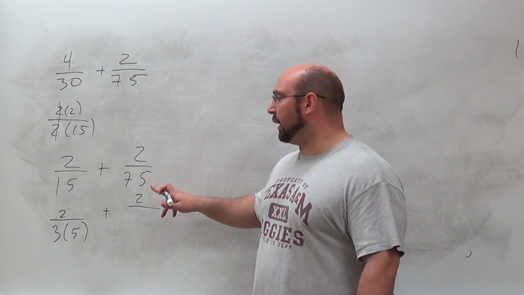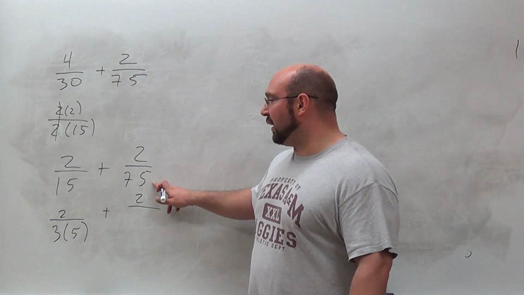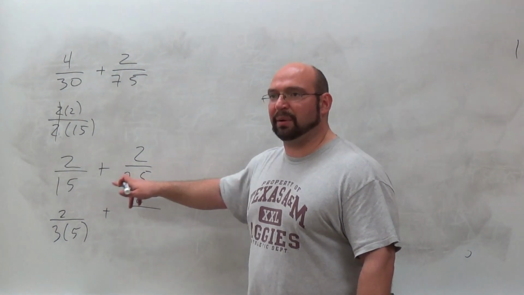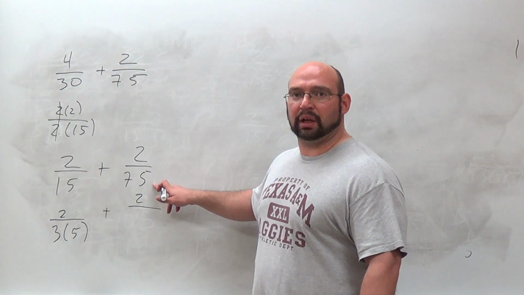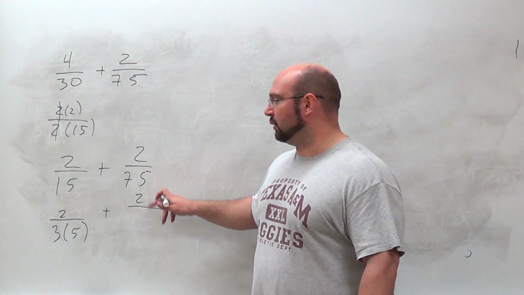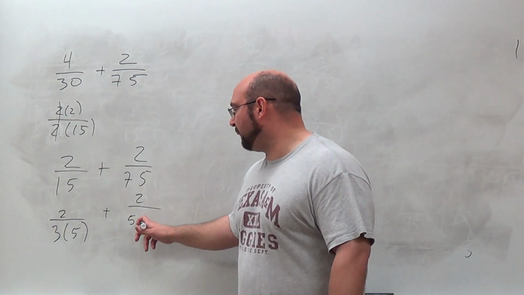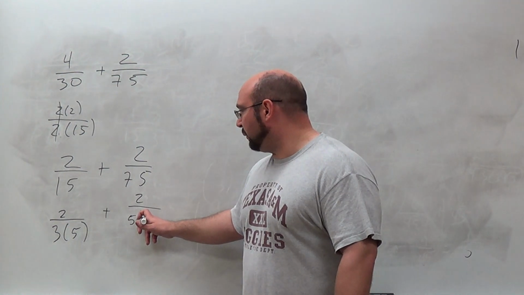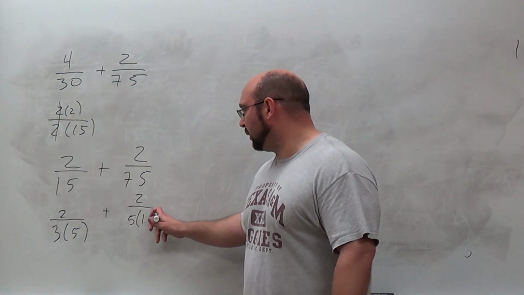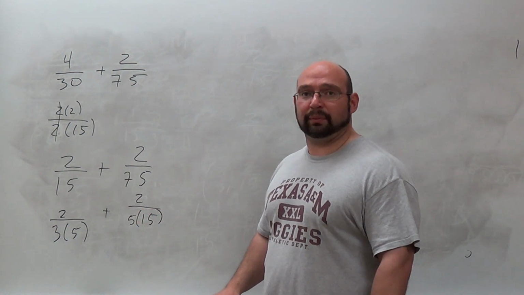Good to go? Okay, so 75 divided by 5 is what? What do we know? 15. So here's my 5. Here's my 1. And there's my 5. Is everybody with me on that?